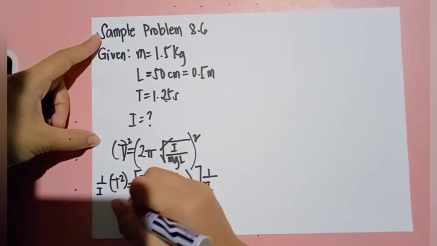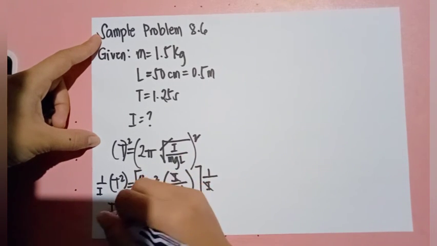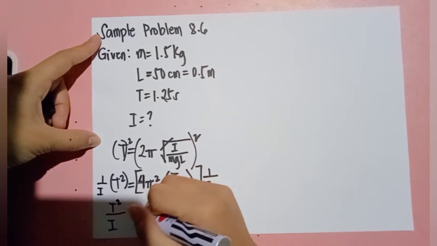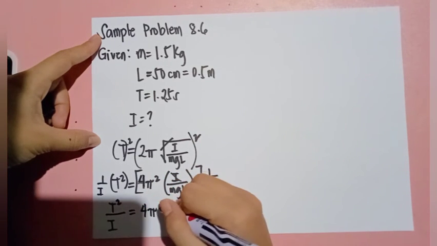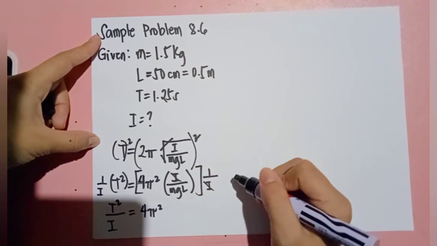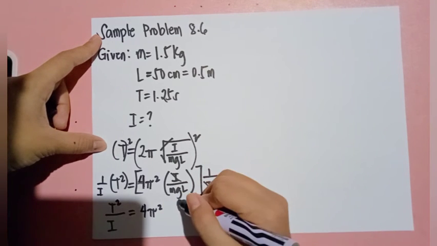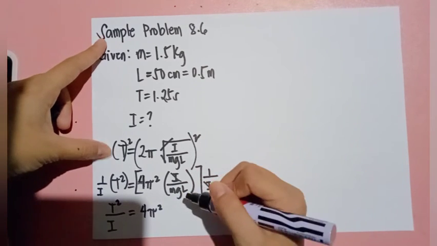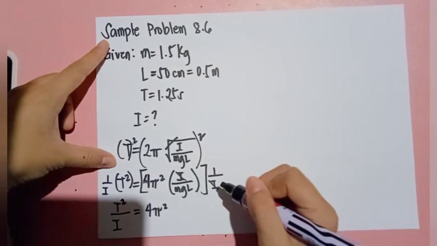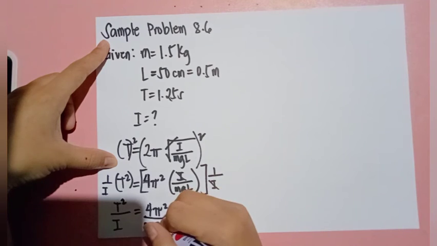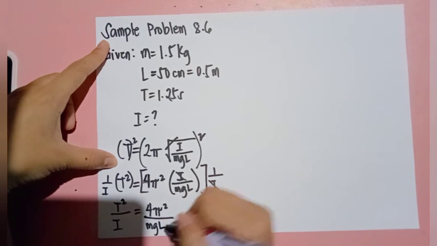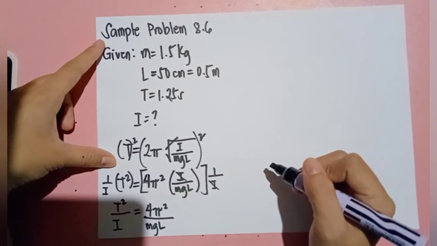We have T squared over I equals 4 pi squared over mgl.